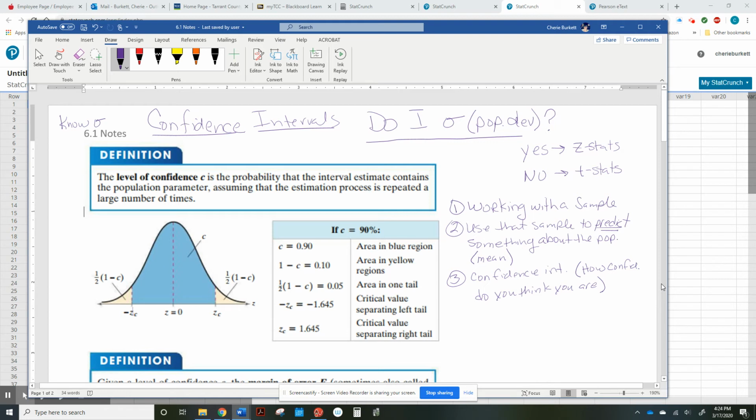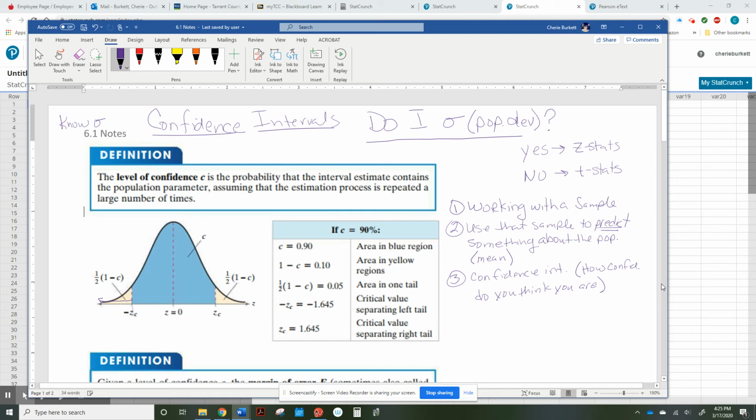And if you're doing it by hand, of course, you're going to need to know about the area to the left. So we usually find this piece right here, because it's going to be the easiest one to find, the area to the left of.